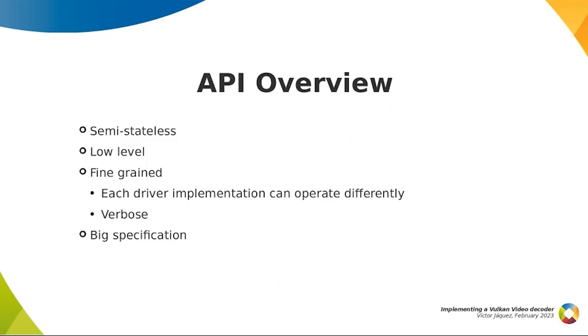So nowadays, most of the video processing APIs are stateless. This means that each frame is provided with all that is needed to be processed. So basically, the application must handle the state of the stream processing.